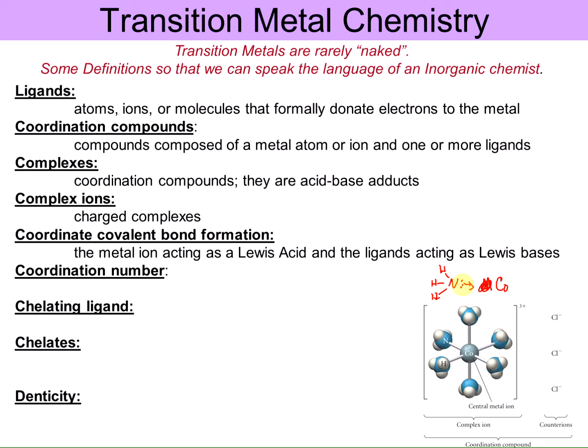So the ammonia is acting as a Lewis base. It's donating electron density to the cobalt 3+ ion. The cobalt 3+ is acting as a Lewis acid. So this is where we get a coordinate covalent bond. That's a coordination bond right there.